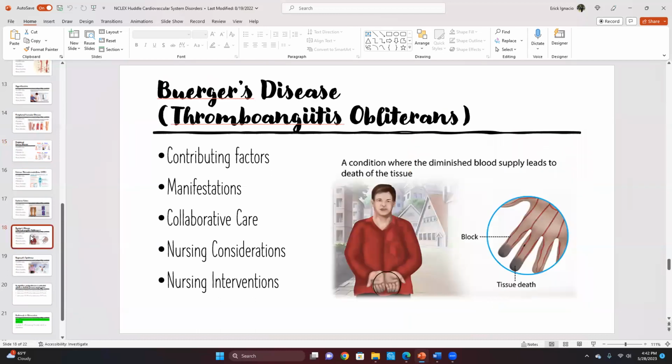Okay, let's talk about Buerger's disease, thromboangiitis obliterans. This is a reoccurring inflammation of the arteries and veins of the lower and upper extremities, resulting in thrombus and occlusion. So there is a genetic predisposition. Cigarette smoking and chewing tobacco also contribute to this, and it more often occurs in men ages 20 to 35.